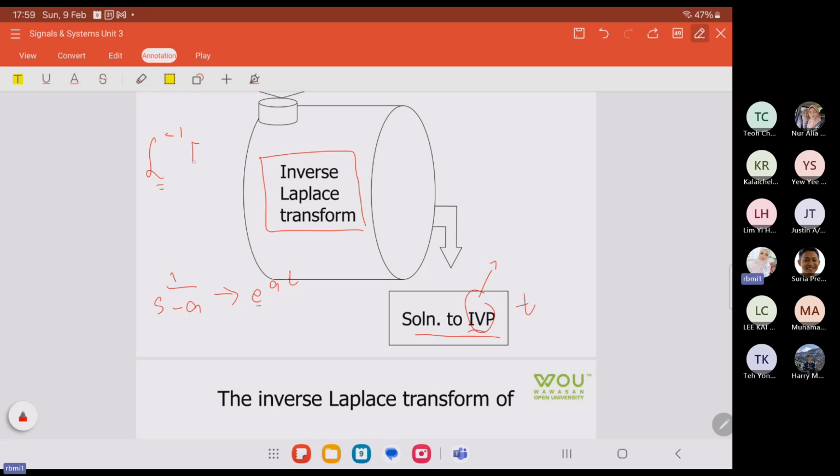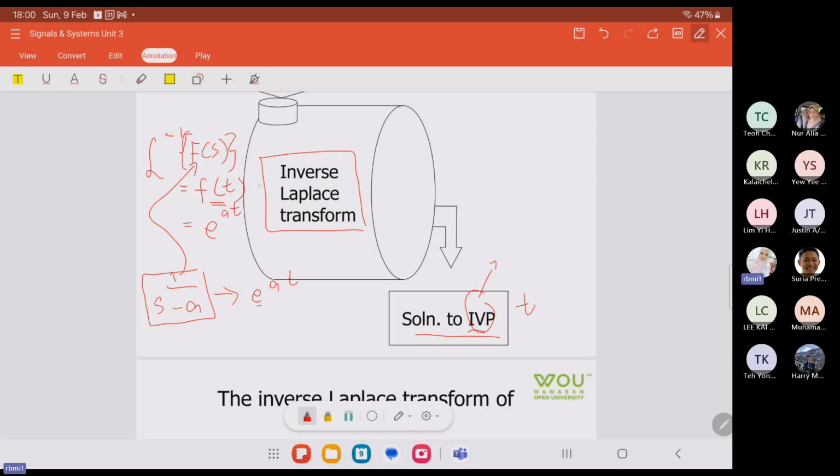From F(s) we want to get f(t). From this function, this is the function inside here, so we can get the exponential e to the power of at.